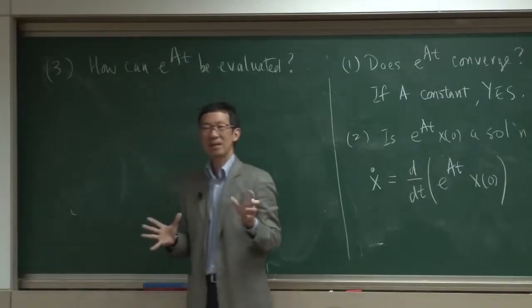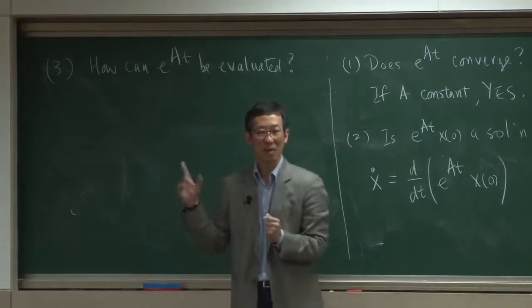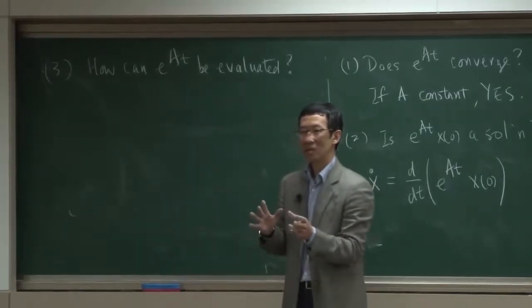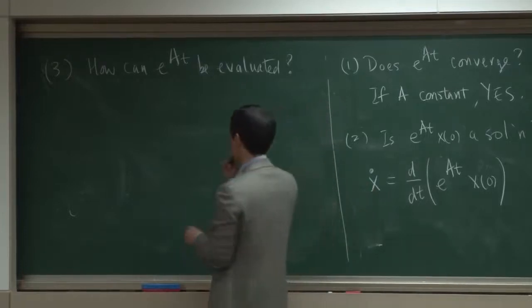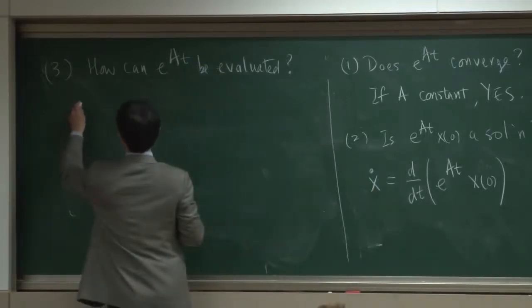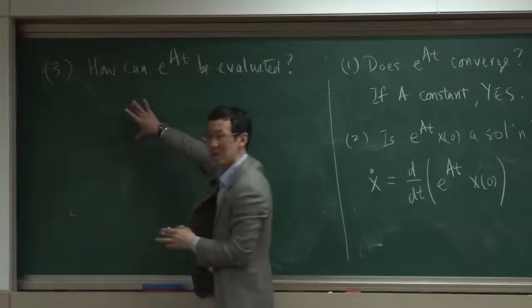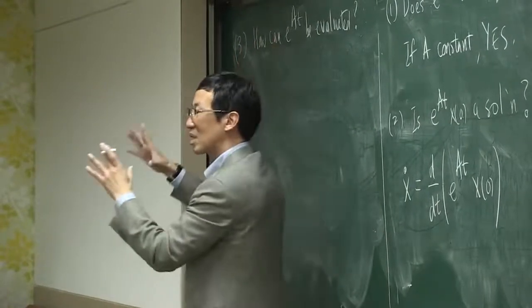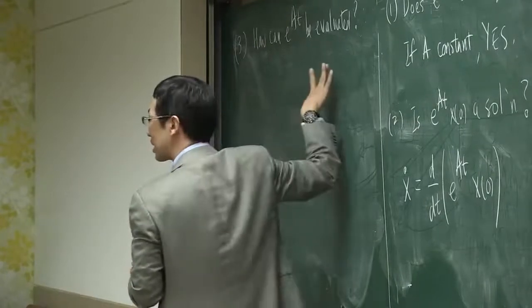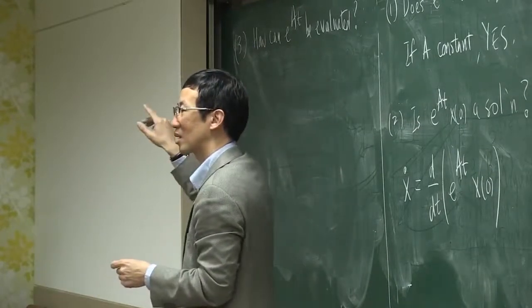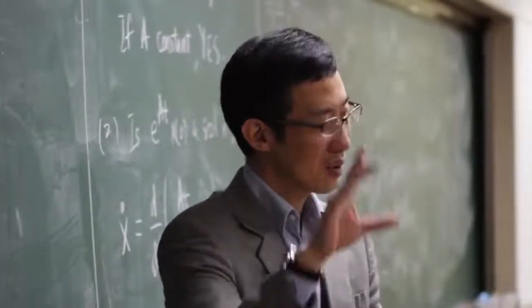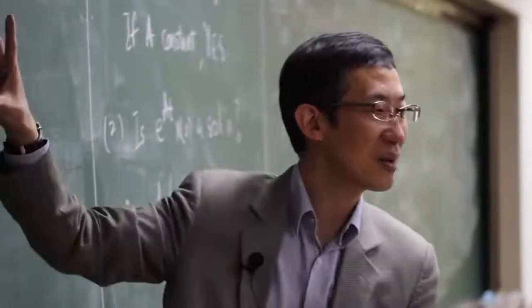There are several ways to find closed form formulas for e to the at. Let me just show you one. Sometimes if you just write out the series, if you're given some a, you write out the series, sometimes you can see closed form solutions. For example, cosines and sines will appear.